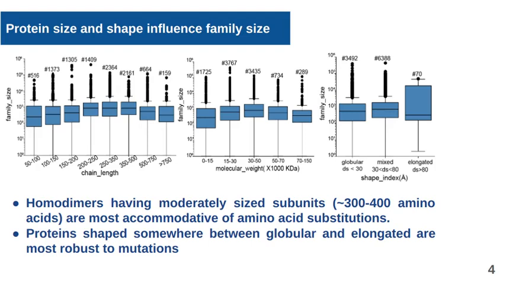This trend is similar for shape, which is indicated by a score that we call shape index, calculated in angstroms, and it's defined as the difference between the closest surface residue and the most distant surface residue from the center of mass of the protein. This value is low for globular proteins and high for elongated proteins, and moderate for proteins which are somewhere between globular and elongated, and their shape is mixed.